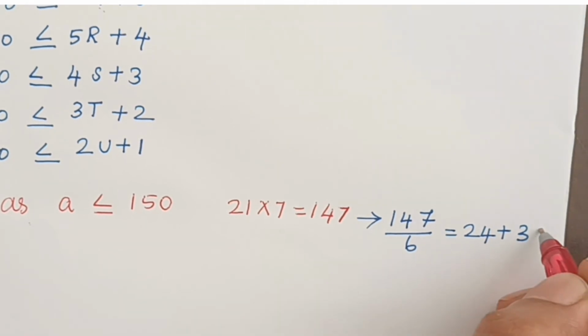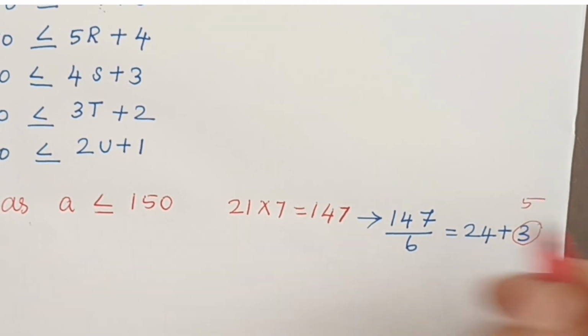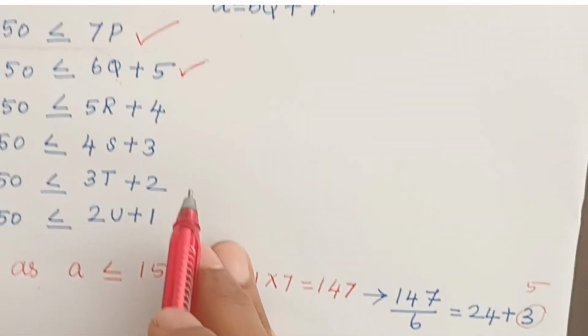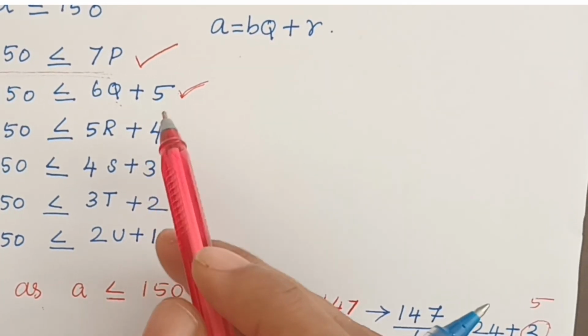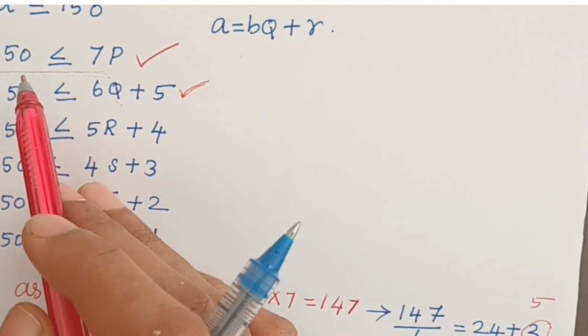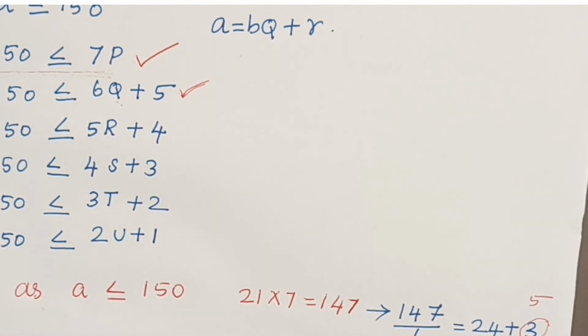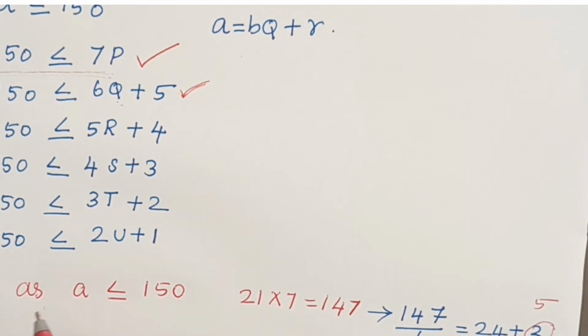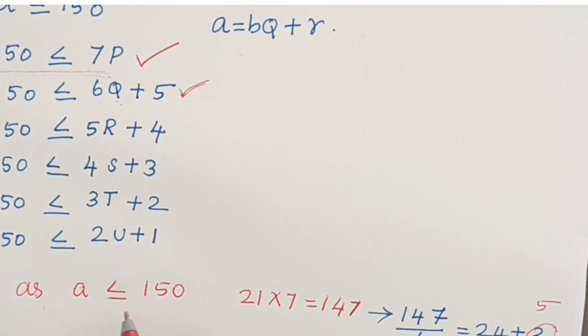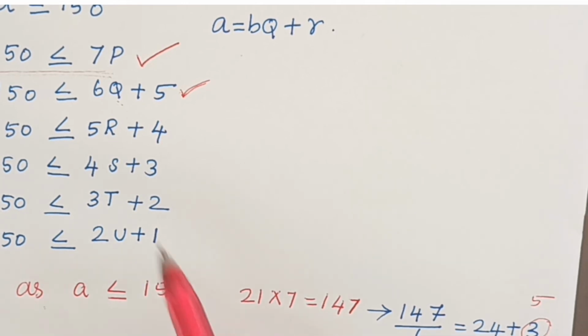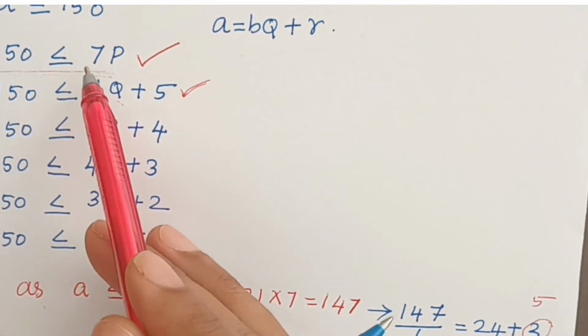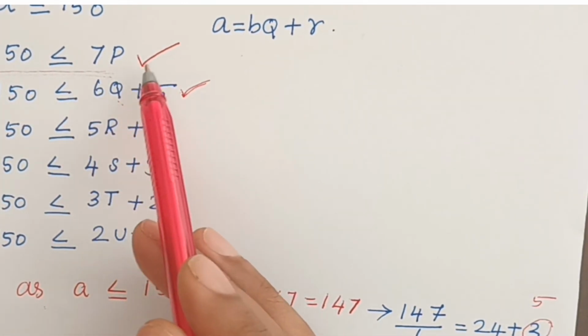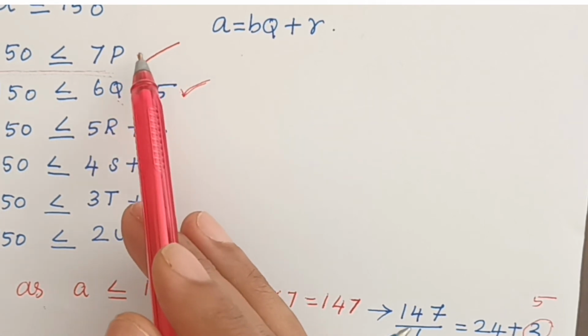But we need 5 as the remainder. As A is less than or equal to 150, we take 150 less than or equal to 7P as a key point because the remainder is 0.